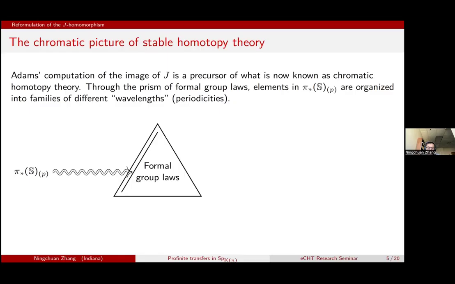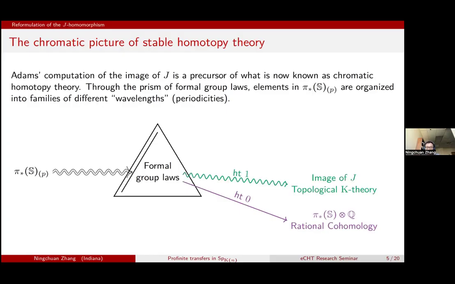So here's a picture that I drew. We shine a beam of p-local stable elements through the prism, and it splits off into families. Height 0 is where you'll see words like rational ordinary cohomology and the rational homotopy groups of spheres, which were computed by Serre. At height 1, we have the image of J and topological K-theory, which Aaron also mentioned in his talk.